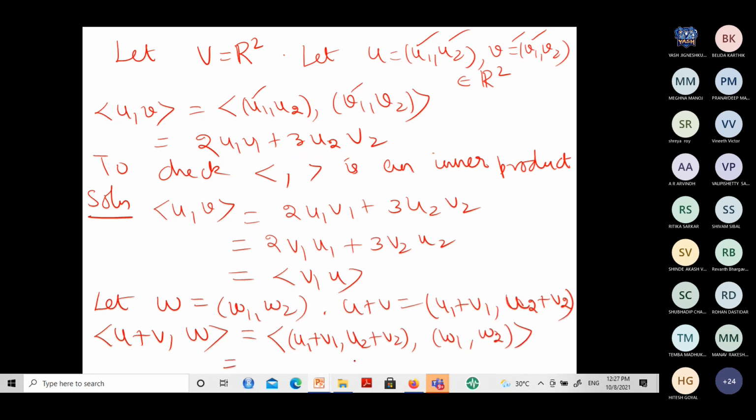Okay, tell me. This is like your U1, U2, V1, V2. According to the definition, just substitute and say it should be 2 times U1 plus V1 times W1 plus 3 times U2 plus V2 times W2. Shall we expand this now?